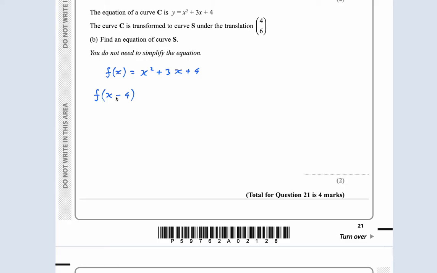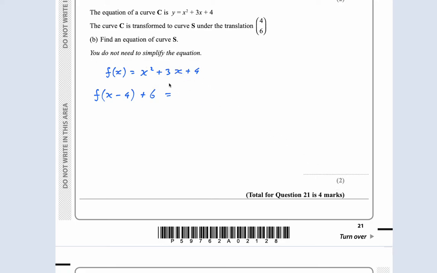And then I need to add 6, because this is a vertical translation of 6. So to move this curve up 6, I need to add 6 to the end. And he says you don't need to simplify the equation, guys, so that's nice.